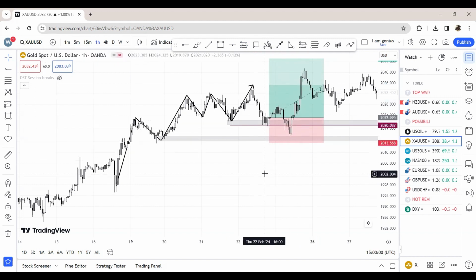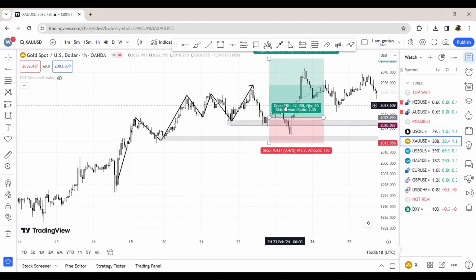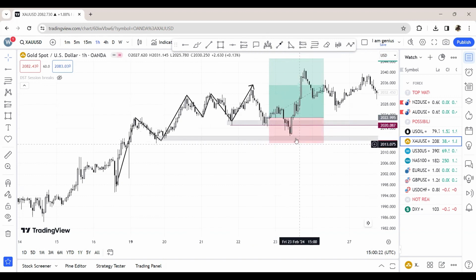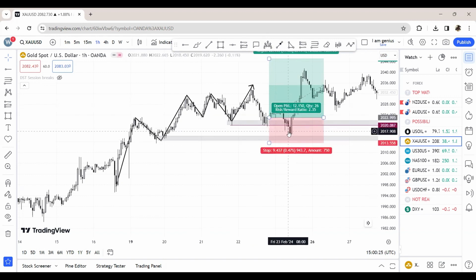How does this protect you? Because you have two buffers, this one and this. By buffers, I just mean levels that the market will find challenging to penetrate or to go below. So the market, even if it's doing a liquidity grab, is not going to get way past the second barrier.